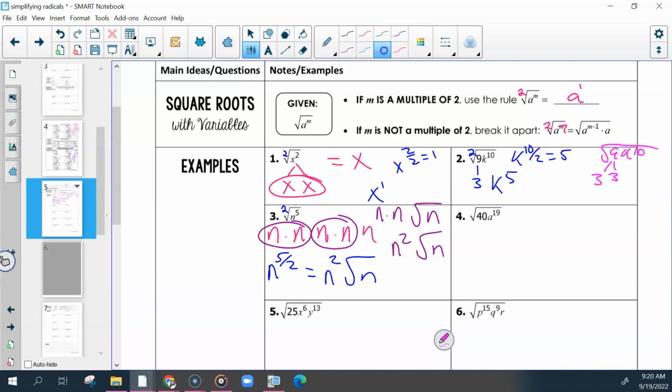K to the 10th, I'd have to write out 10 k's and find all of my pairs, which would be my group of 3 and 5 groups of pairs. So everything would get to come out, nothing would be left inside. Both methods work. Do we have any questions so far?